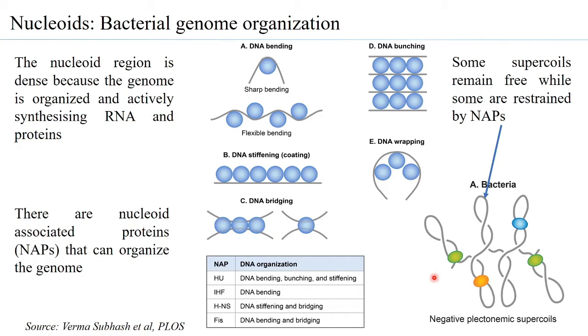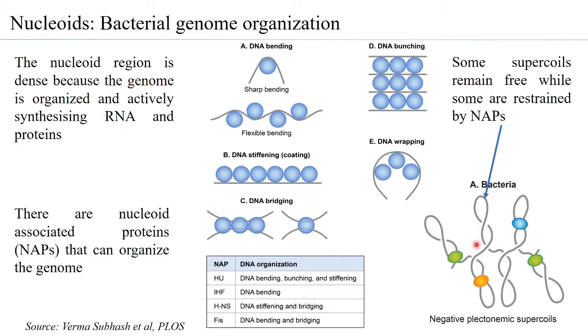So to fit a 4.6 million base pair long DNA into a 1 to 2 micrometer E. coli, the DNA has to be present in a compact form. And it is present in a compact form when it forms such looped structures. So therefore, these looped structures are an organization that is formed. And this loop structure is what is present in the nucleoid region.